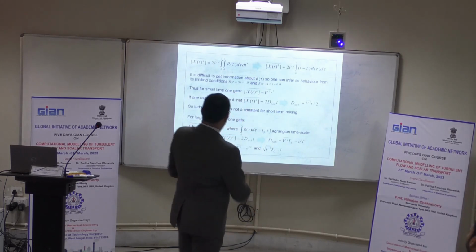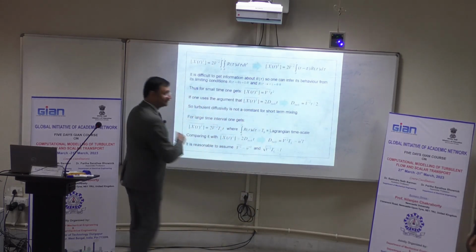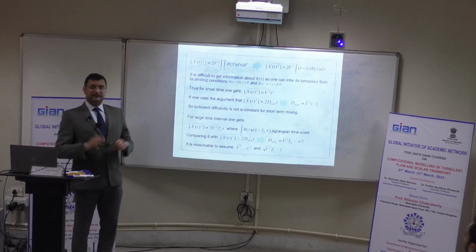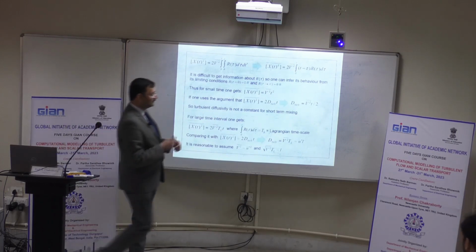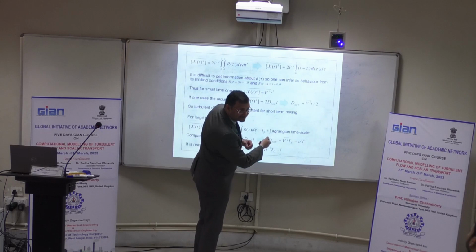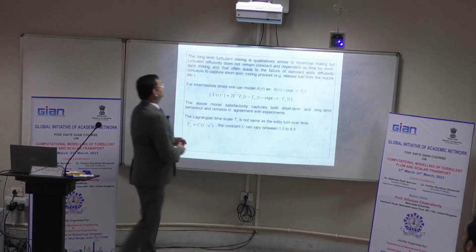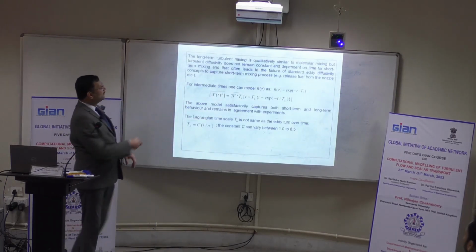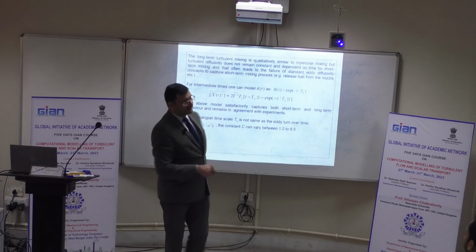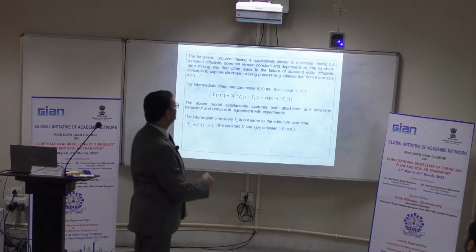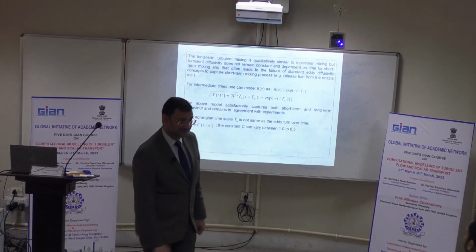But that's for the long time interval. Clear? So behavior is very different for short time and long time. Clear? So long time turbulent mixing is qualitatively similar to molecular mixing.